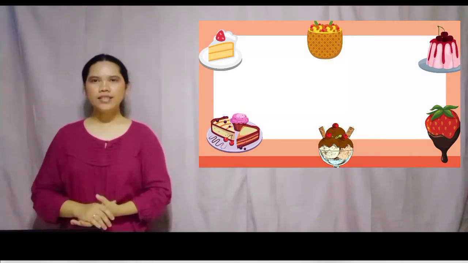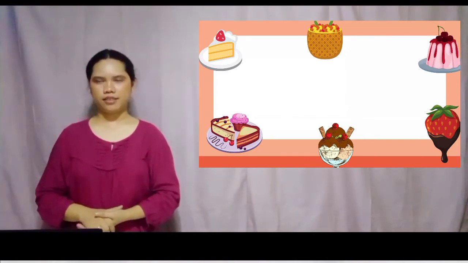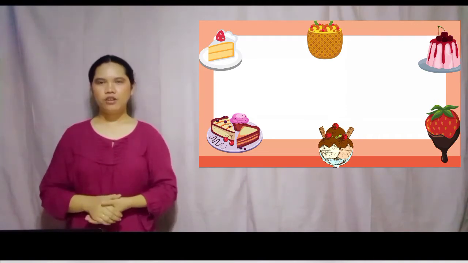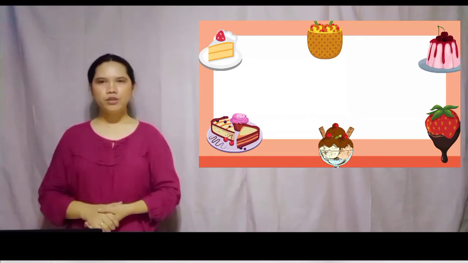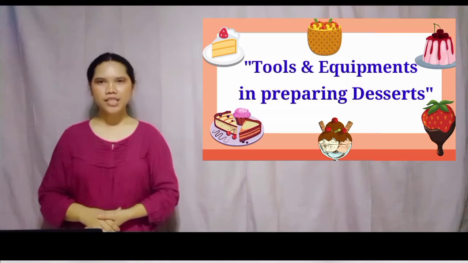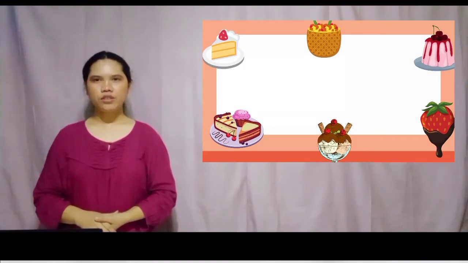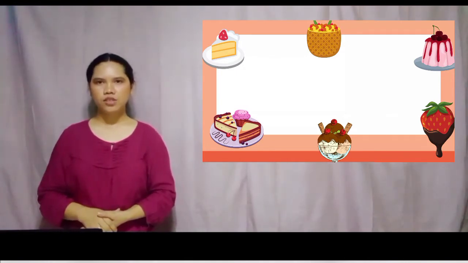Aside from the types of dessert, what was our topic last meeting? Okay, Christian. Very good. The tools and equipment in preparing desserts. What are examples of the tools and equipment used in making desserts?